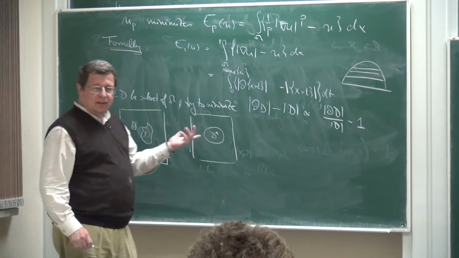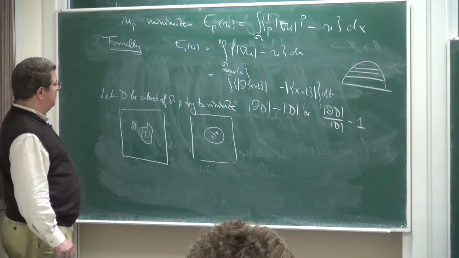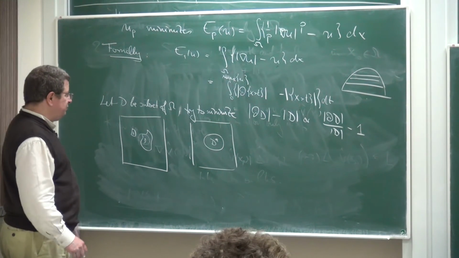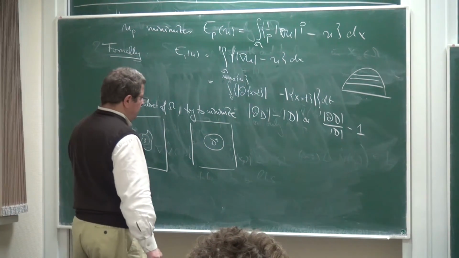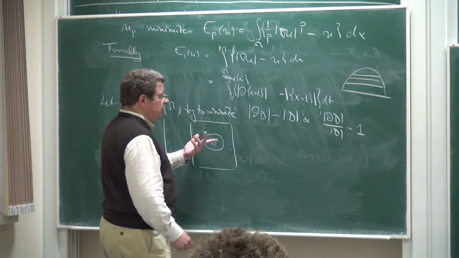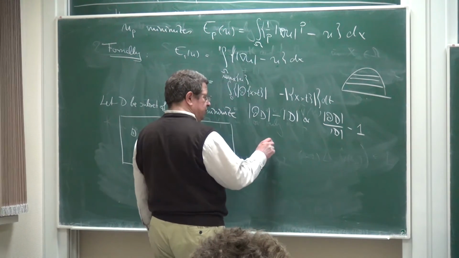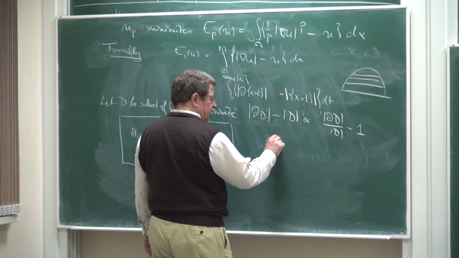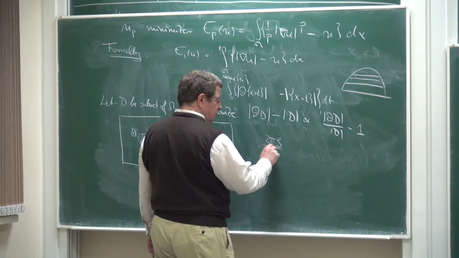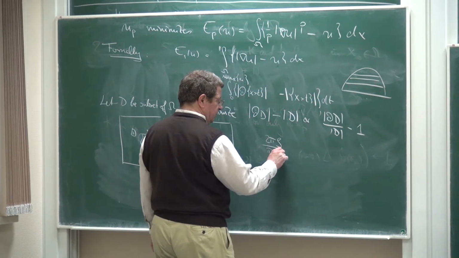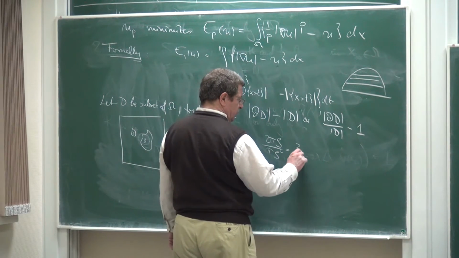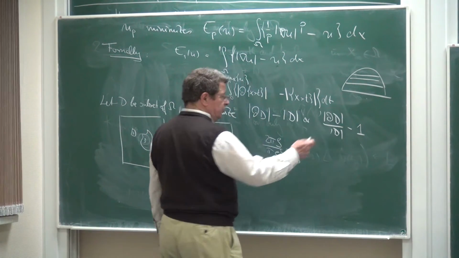So this is what the optimal D will look like. And in fact, for such a D star, we have 2 pi times the radius over pi times radius squared. That is 2 over rho. Is this ratio? Yes.